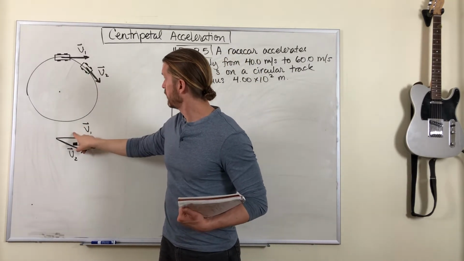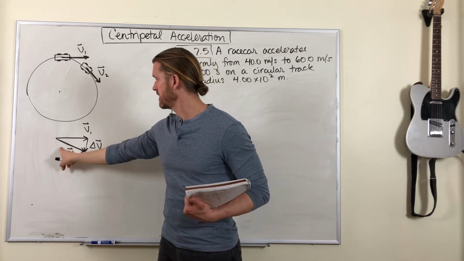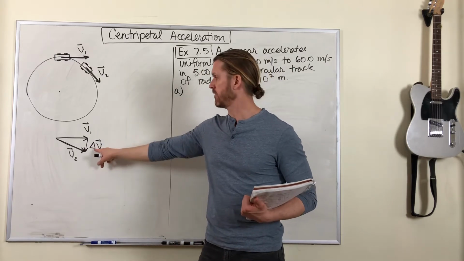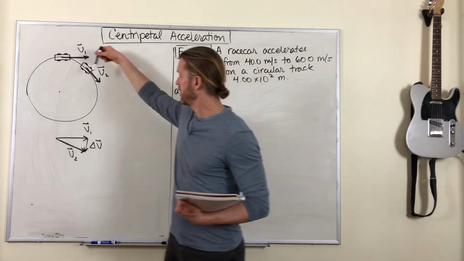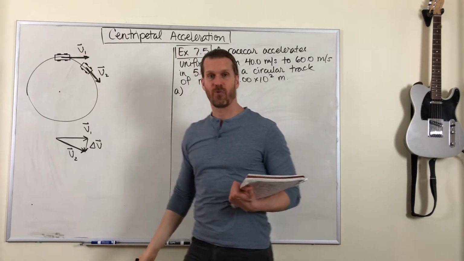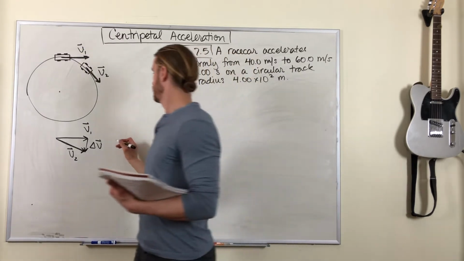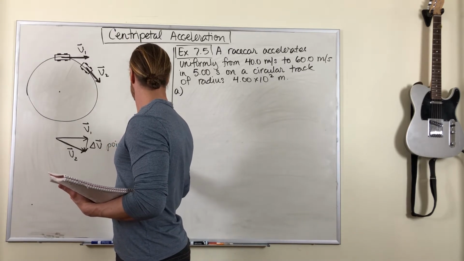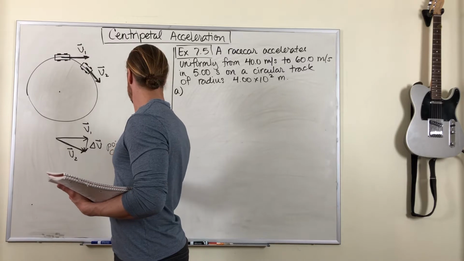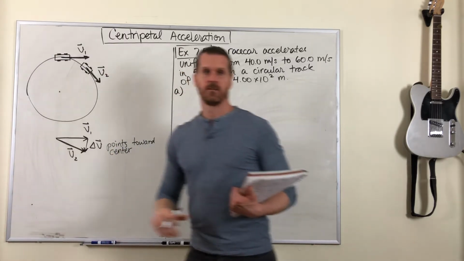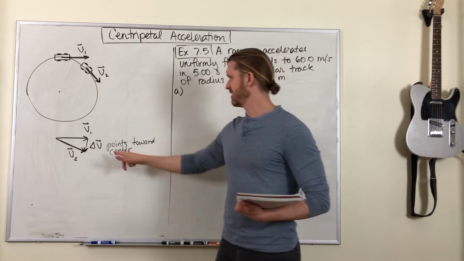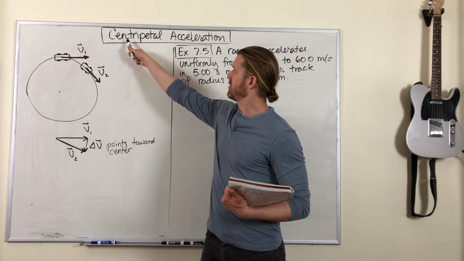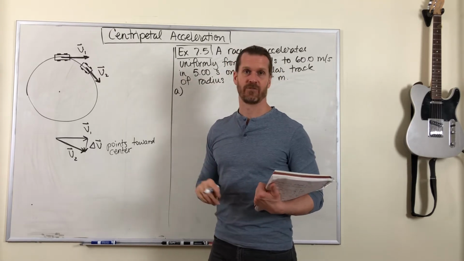So if I just draw these two velocity vectors, v1 and v2, and find the difference between them, delta v, I notice that that difference vector points toward the center of the circle. In other words, this difference in velocity is centripetal. It points toward the center of a circle.